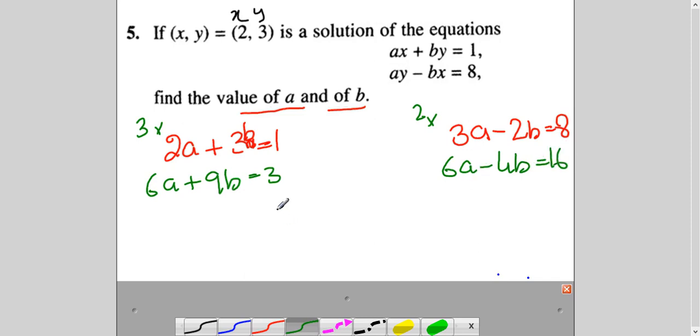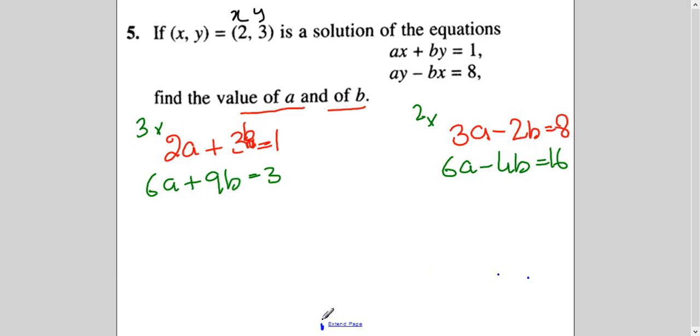So now if I put one equation under the other to solve it simultaneously, by the elimination method, I can write, let me write in this color. So I'm writing this equation underneath this one. So it will become 6a plus 9b equals 3. Now I want to eliminate this.